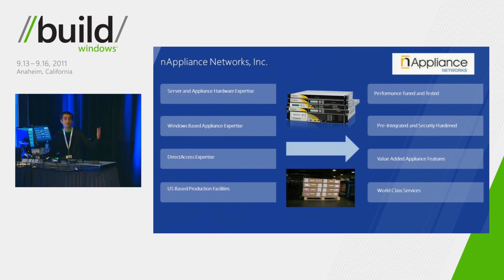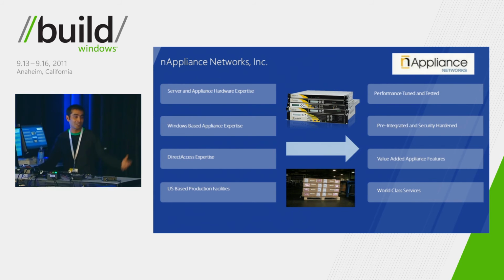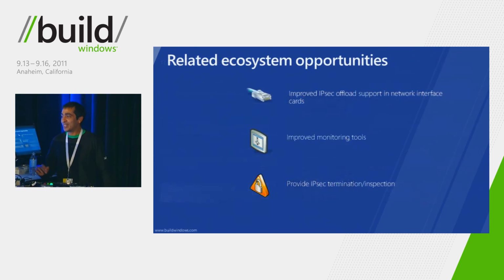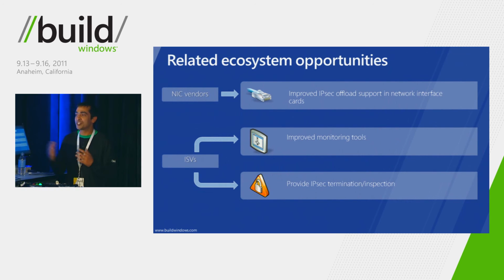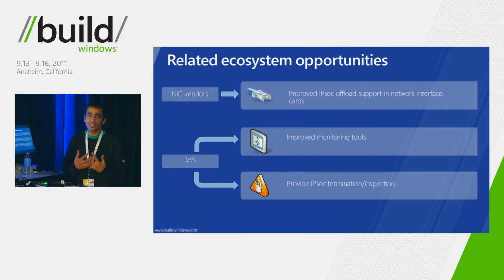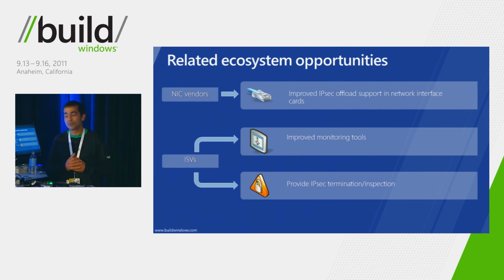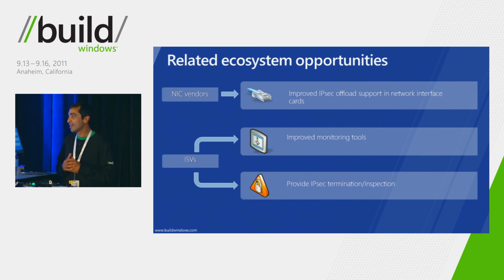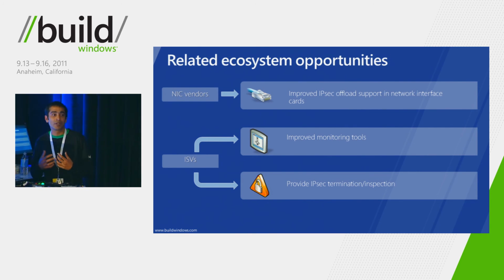That was great. It's always wonderful to hear a success story from our partners. So with that, let's talk a little bit about other related ecosystem opportunities. The first one is for the NIC vendors. There is an opportunity to build improved hardware acceleration support in the network interface cards.